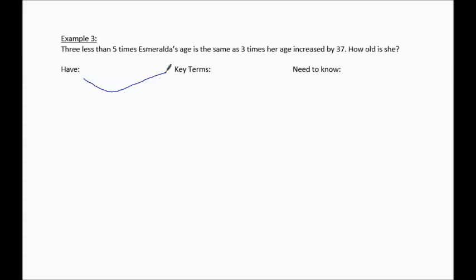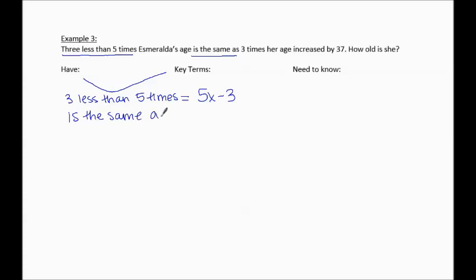So we're going to make one little list. So we know that 3 less than 5 times, I can translate that. So 3 less than 5 times, which is right here. 5 times is 5x. 3 less than 5x is 5x minus 3. I know that the phrase is the same as is my equal sign. Is the same as means equals.